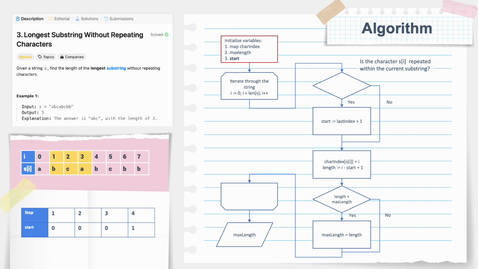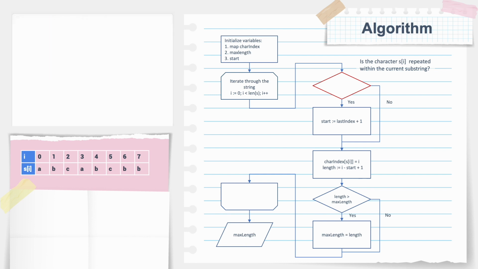Let's start iterating through our string. The condition "is the character repeated within the current substring" is the key part of the algorithm. Let's break it down in detail. The first criterion is searching for repeating characters: determine if the current character has been encountered previously within the current substring.